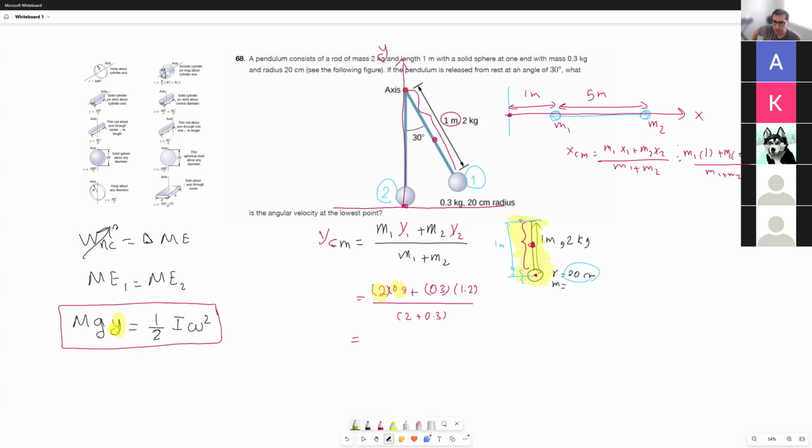No. Here, direction is not an effect. You only put down the distance to the zero on your coordinate. You consider zero to be here, and you measure the distances of the center of masses of each to the reference.